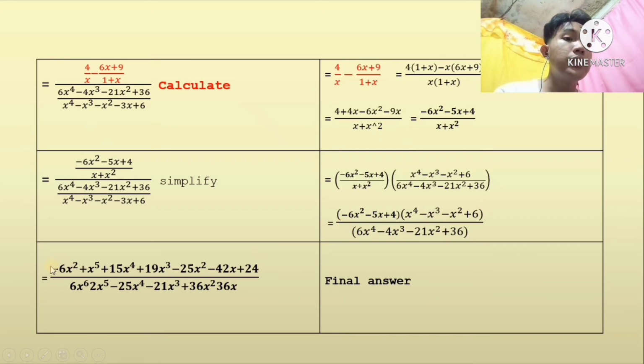Our equation will be negative 6x squared plus x raised to 5 plus 15x raised to 4 plus 19x cubed minus 25x squared minus 42x plus 24 over 6x raised to 6 plus 2x raised to 5 minus 25x raised to 4 minus 21x cubed plus 36x squared plus 36x.